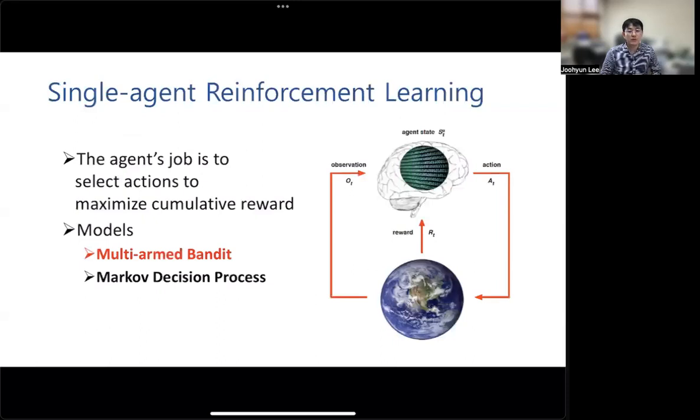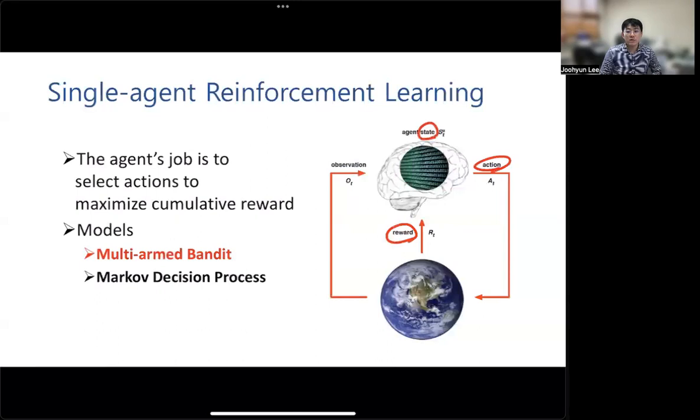So I want to briefly review single agent reinforcement learning. Three important concepts of reinforcement learning are state, action, and reward. State is the representation of the current scenario that depends on the previous history and previous actions. And depending on these states, the reward will be determined.